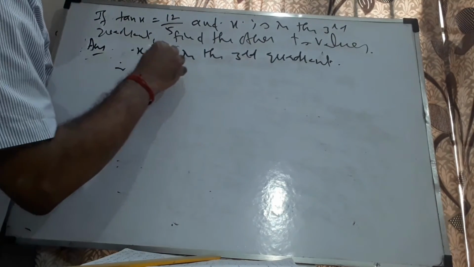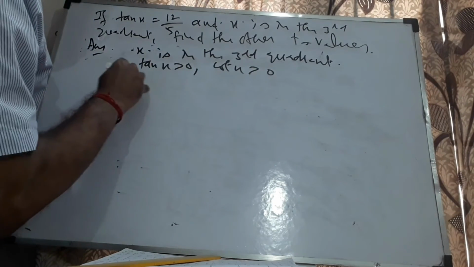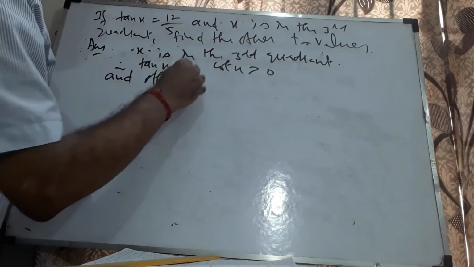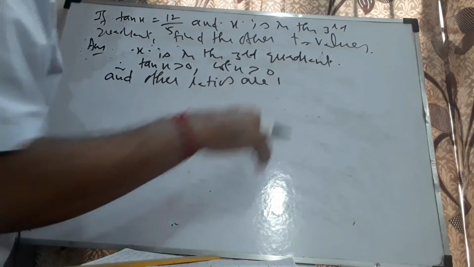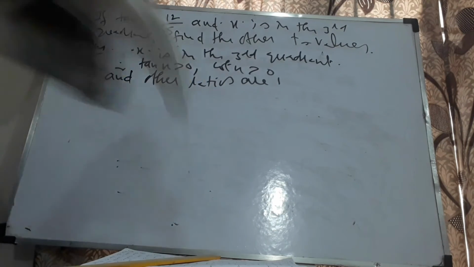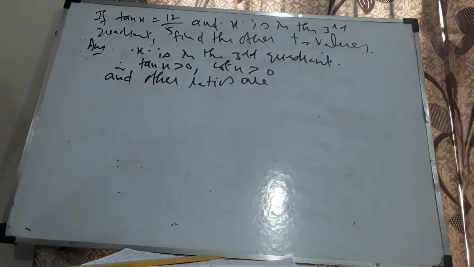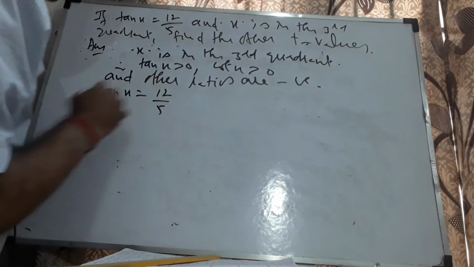Therefore, tan x is positive, cot x is positive, and the other ratios are negative. Just listen carefully. Other ratios are negative. Now, tan x is equal to 12 by 5.